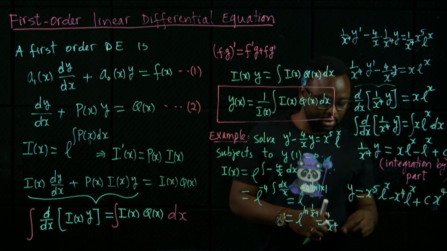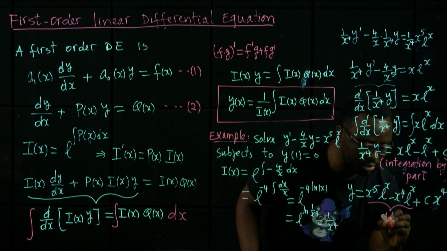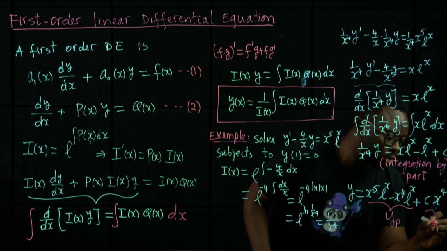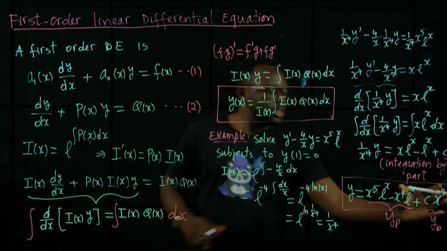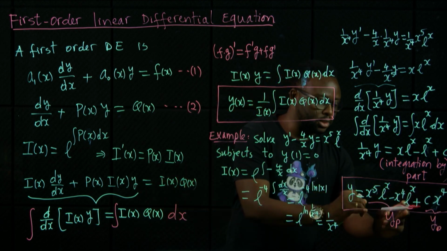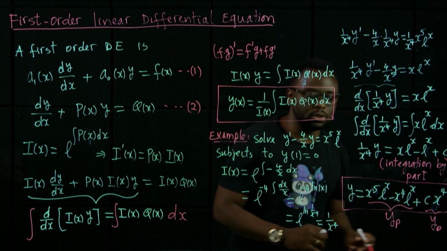And this is the final solution. This part is the particular solution, and this one is the homogeneous solution. This is then the final solution to this example, which is just the sum of the particular solution and the homogeneous solution.